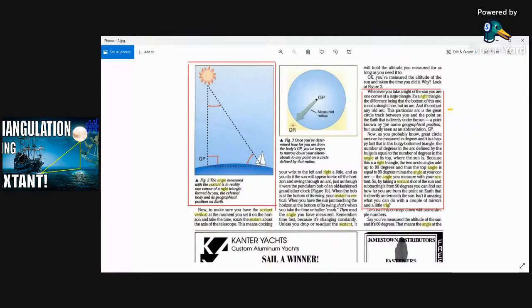So a point known by the name geographical position is usually seen in the abbreviation GP. That's what we can see in the figure. Now, as you probably know, great circle arcs can be measured in degrees. And it's a happy fact that this bulgy bottom triangle, who's ever seen the bulgy bottom triangle before? The number of degrees in the arc defined by the bulge is equal to the number of degrees at the angle at the top, where the sun is.